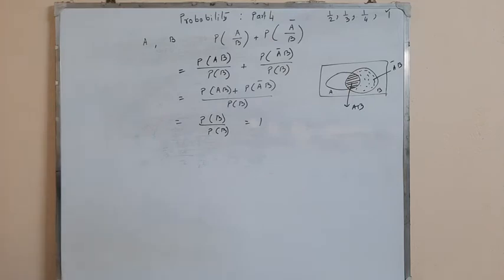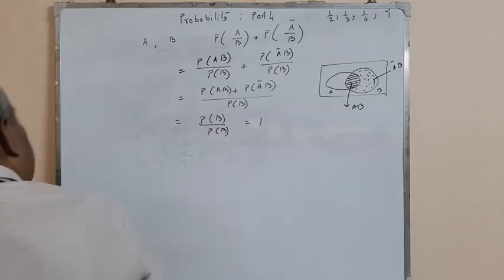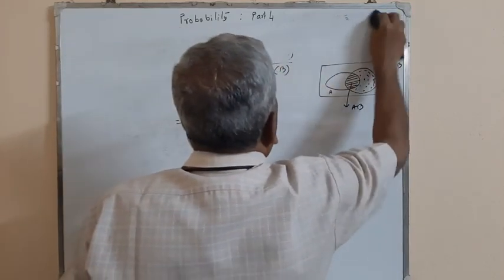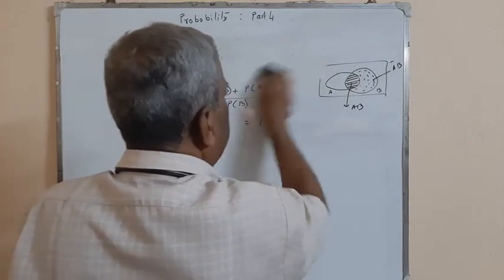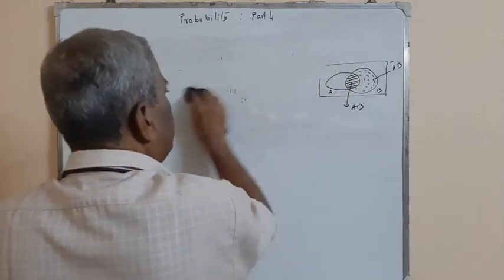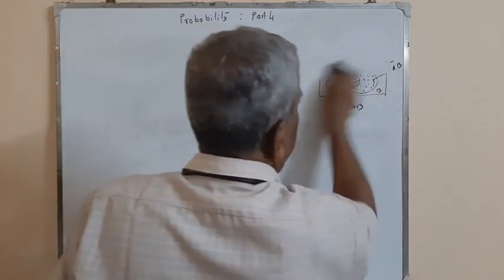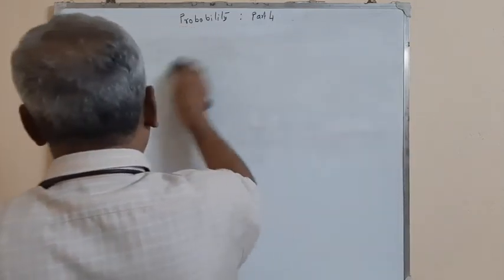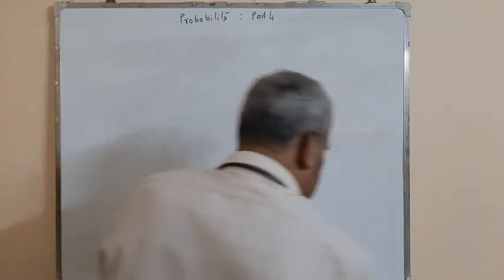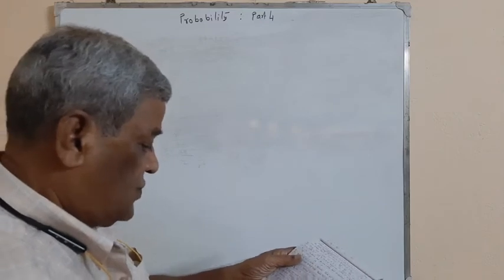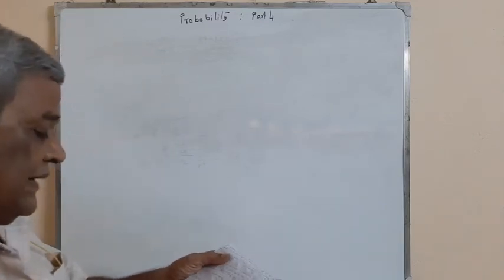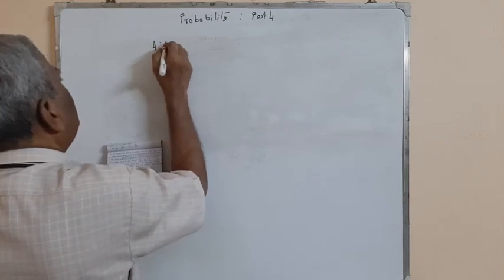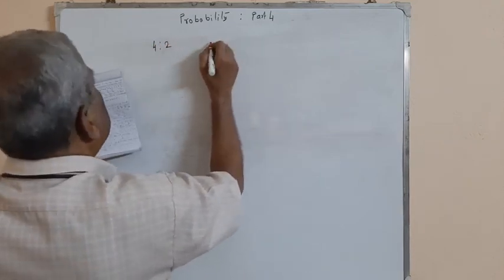Next. The next problem is: the odds that A and B speak true are 4:2 and 5:3.